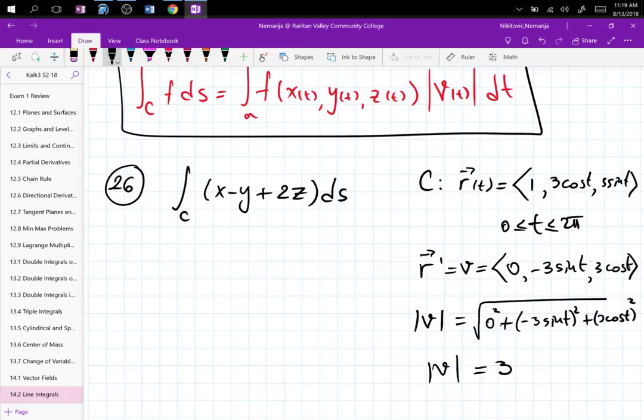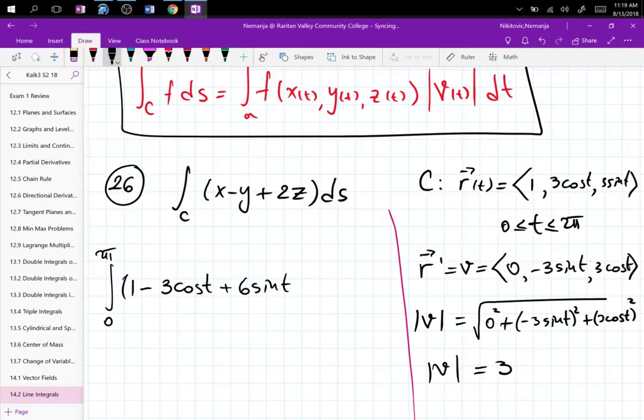The line integral is, let me just separate this, I have the integral from 0 to 2 pi, those are the limits on t that are given to us. For a full circle, obviously 0 to 2 pi. Now, x is given as 1, minus y is given as 3 cosine t, plus 2 times sine t, so that's 6 sine t.